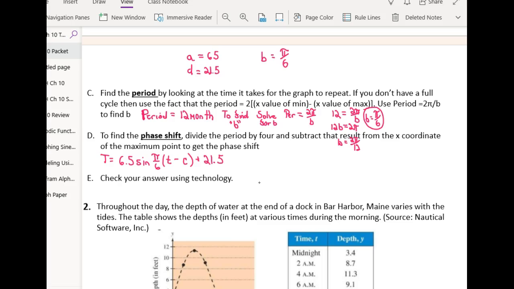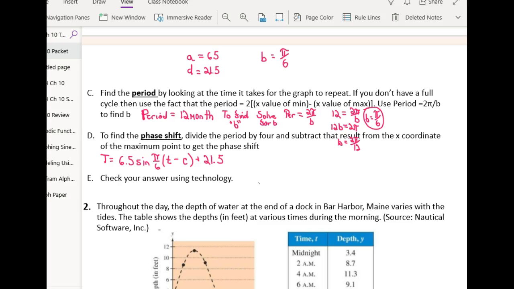No? All right, so divide the period by 4, and that gives you 3.